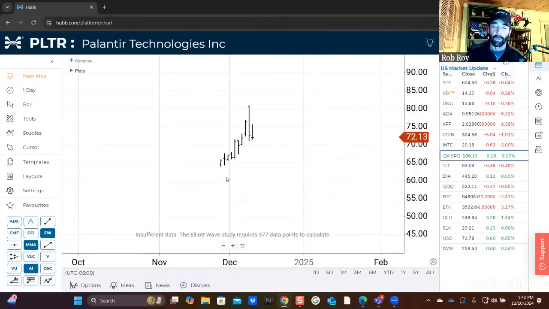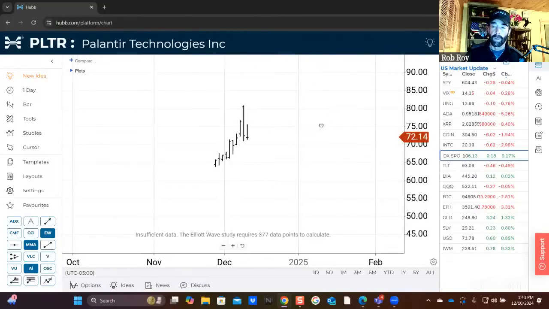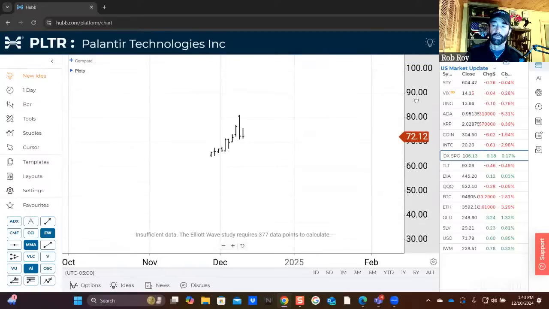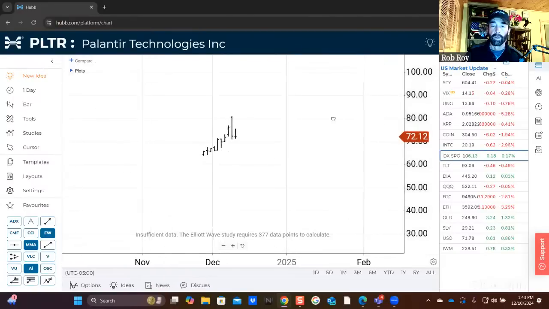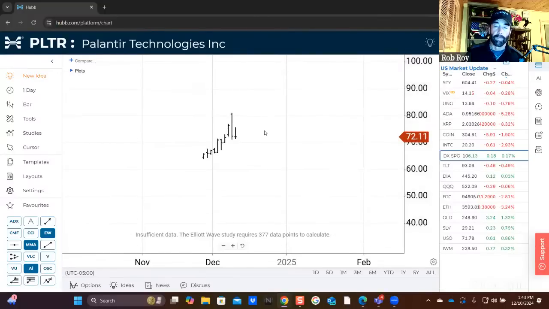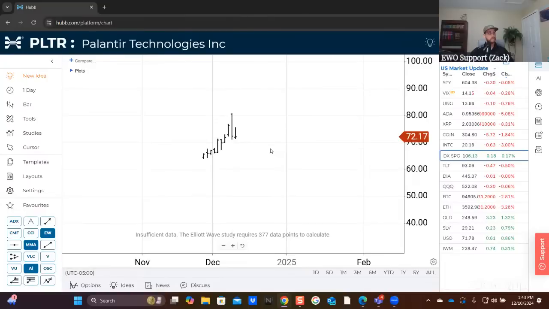I think Palantir, after it consolidates this big move that it has, turns and runs back up, and I wouldn't be surprised to see it move up to 100, and that could happen in a short period of time. But the consolidation that's occurred yesterday and today is normal. You can see where it opened yesterday and then traded down considerably, but holding above 70 there is key. So that's what's going on with Palantir.